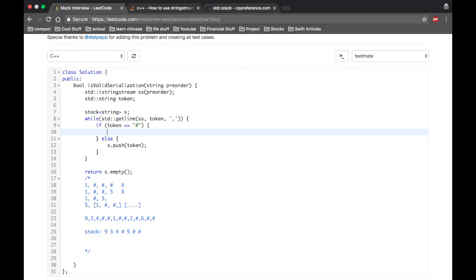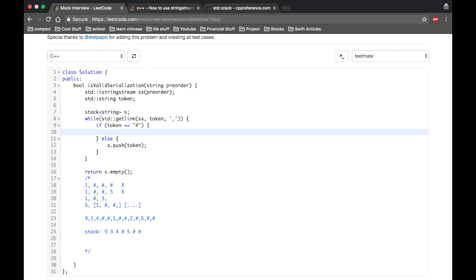But if it's the second one, then we have to pop the first hash mark and also the number. The hash mark we pop. Okay.